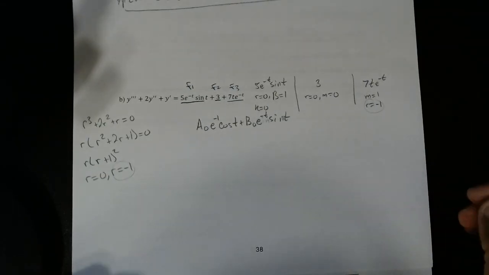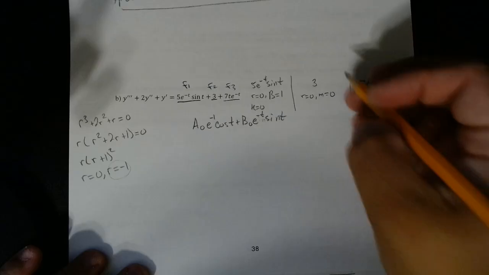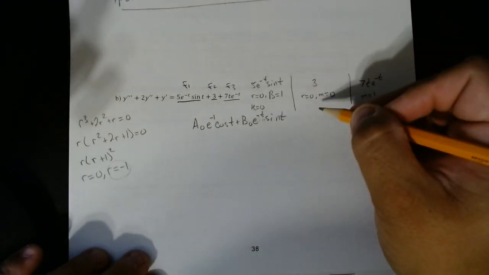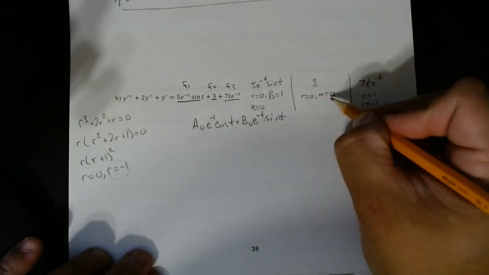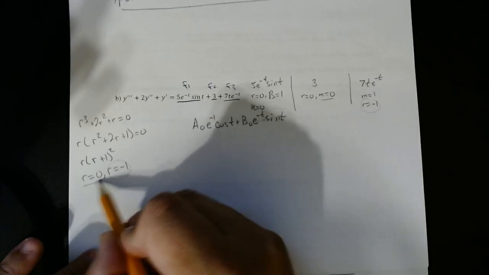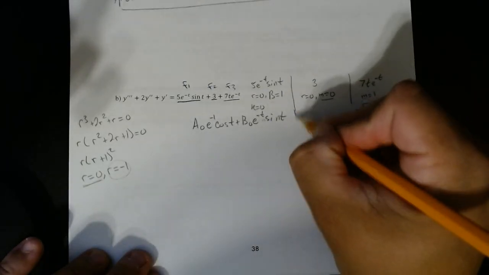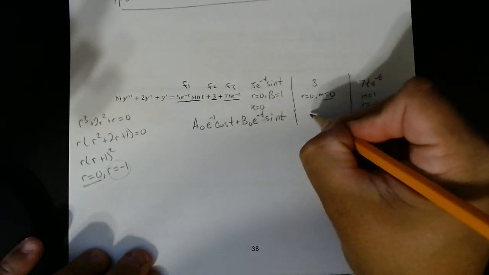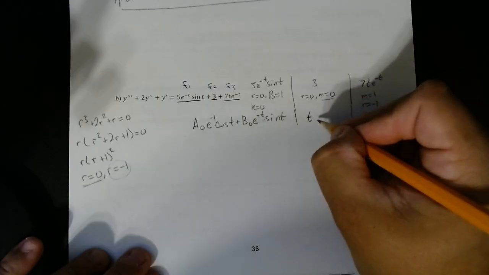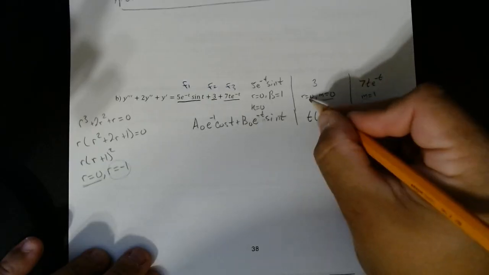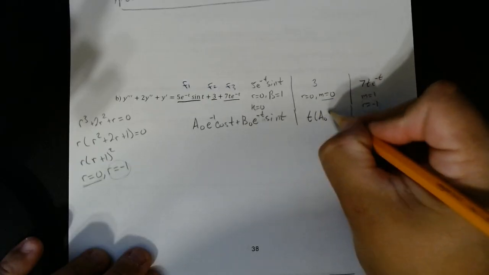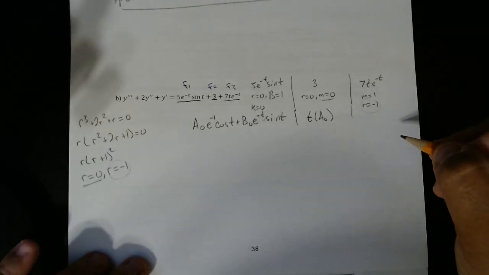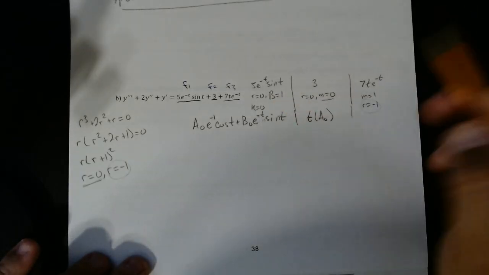That's the first part. Second part. Now, because it is a root, therefore, if you remember, it's going to be t times, m is 0, so just a naught. Okay. R is 0, so we don't have any e's there.